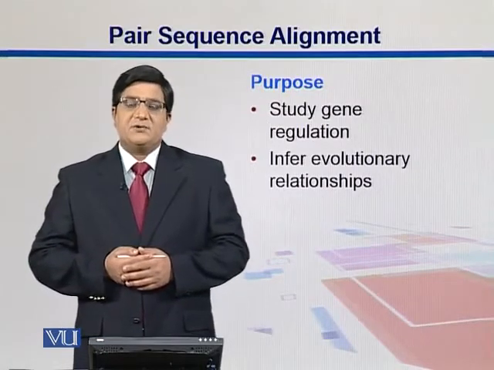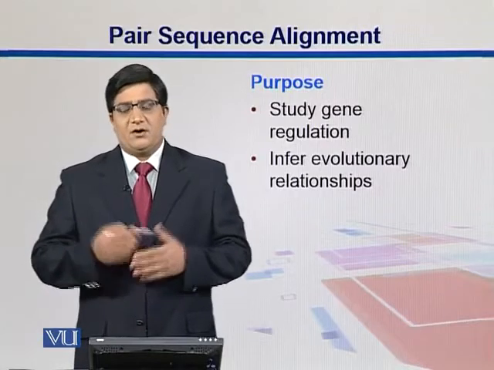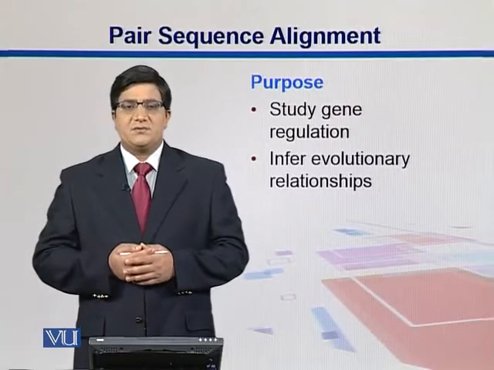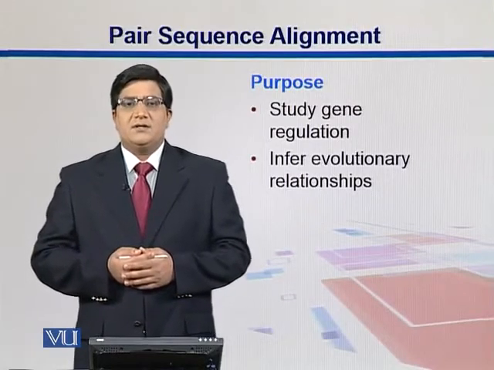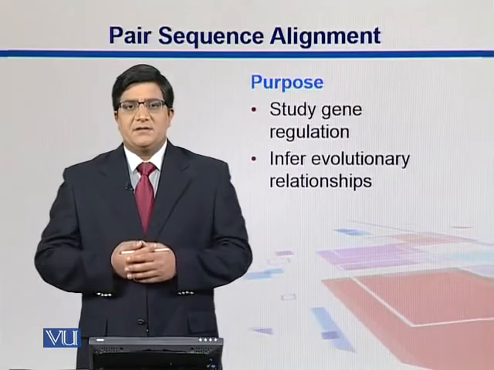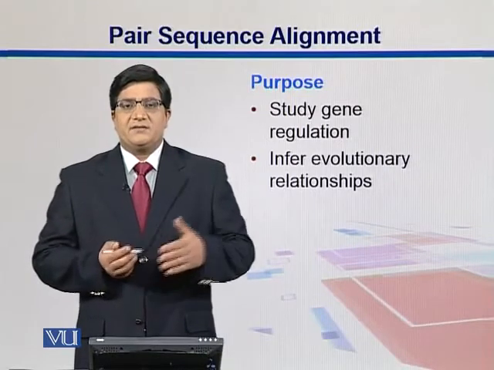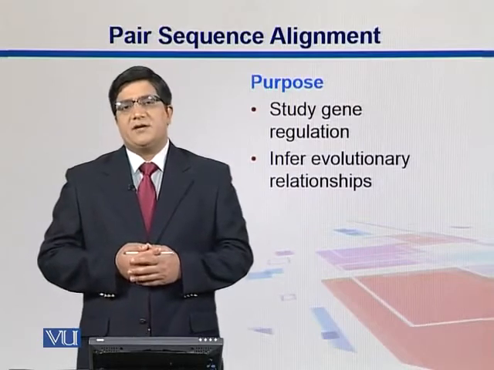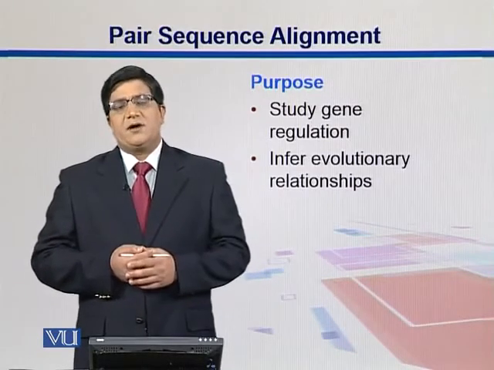We can study gene regulation with this, how the genes are regulated or controlled and how their expression is controlled. For example, if we have some messenger RNAs which are produced by the DNA, that is when the gene expression takes place. But there are some elements like microRNAs that go and block those genes.